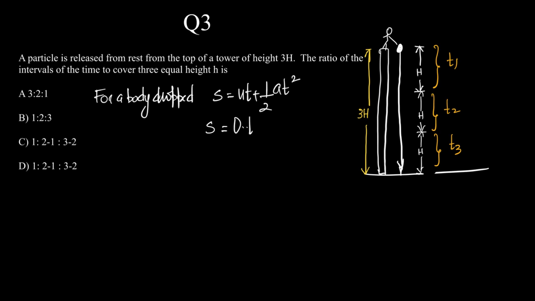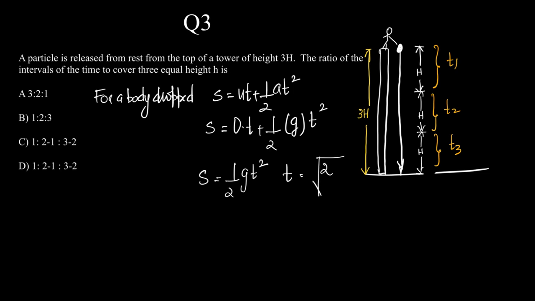So this is 0 into t plus half into, what is a here? a will be g, so s is basically equal to half g t square. Or we can write this equation as t is equal to root of 2s by g.